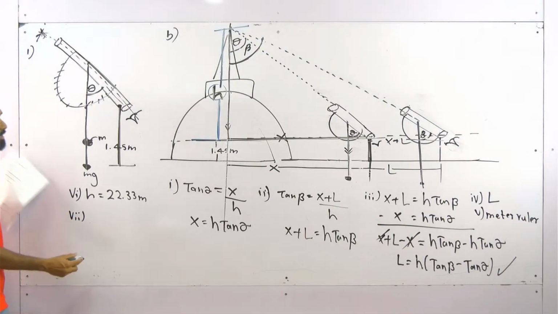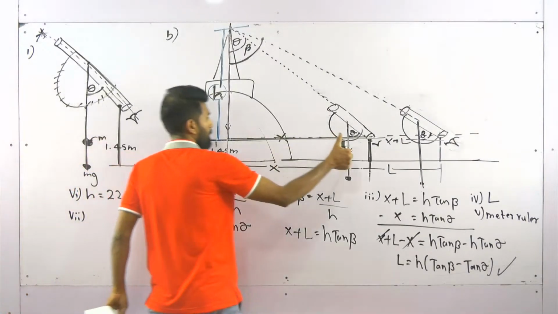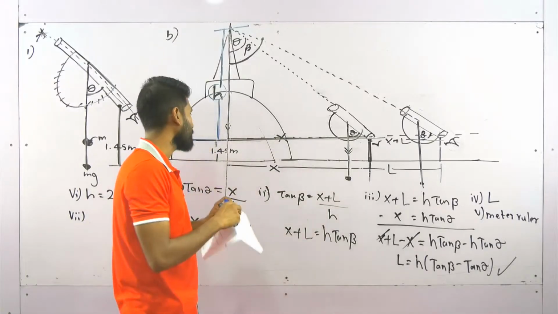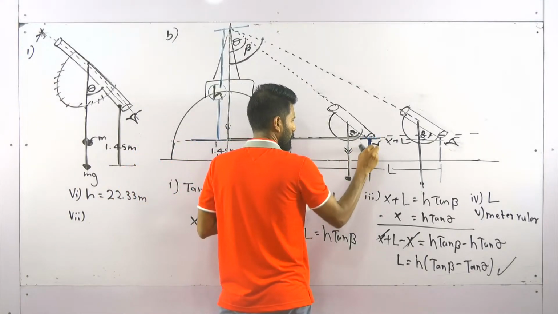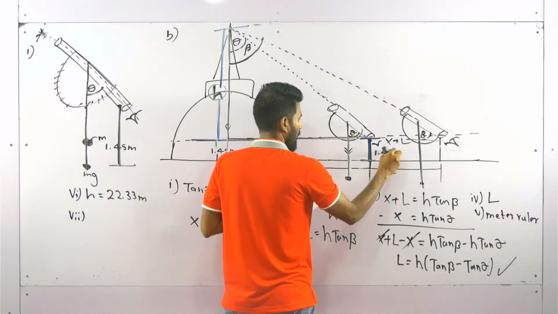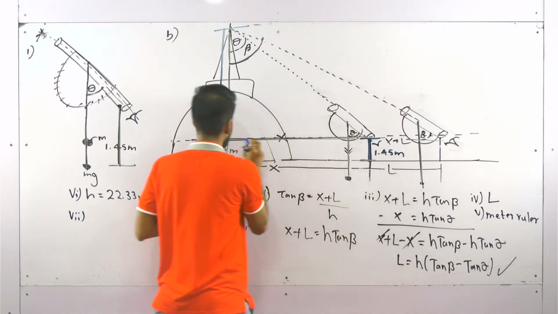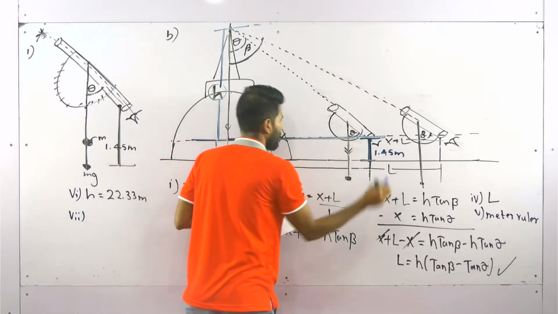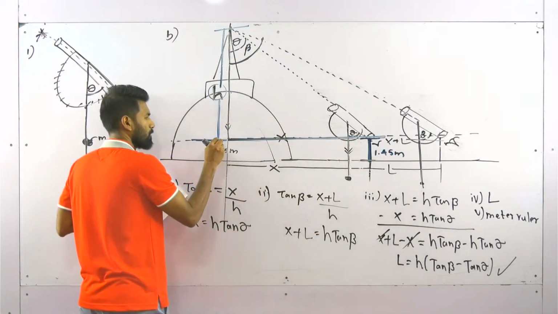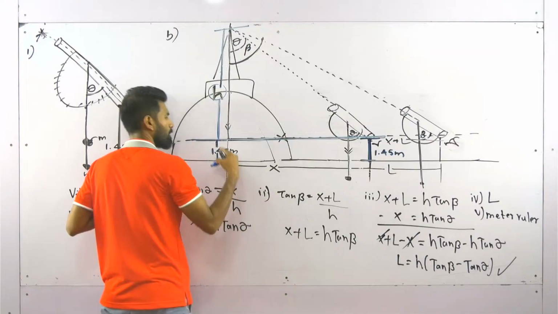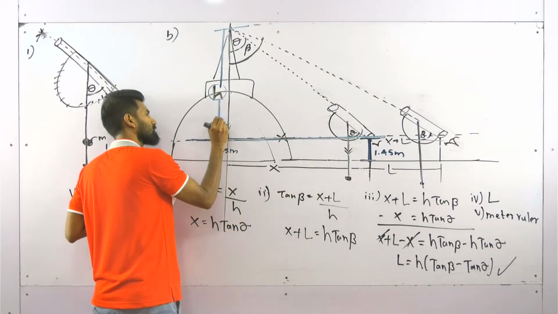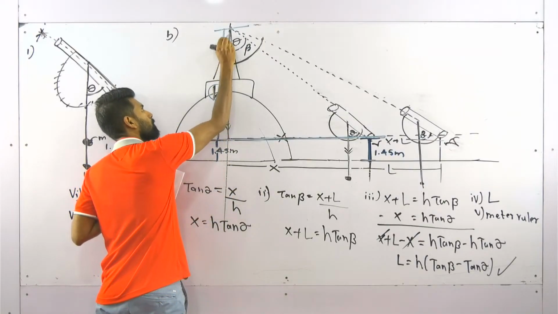7th part. So h, now we left a distance 1.45. The mount had a height of 1.45 meters. So our hypothetical triangle also had a 1.45 meter height from the ground. From there, the h starts and moves until the top.